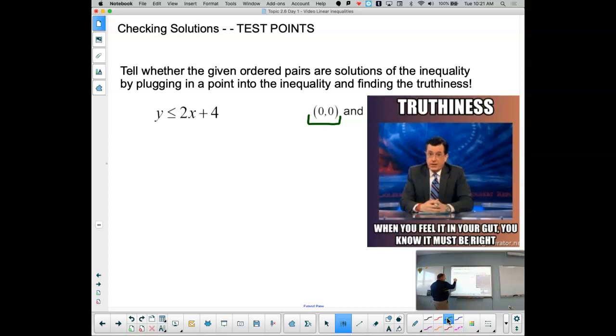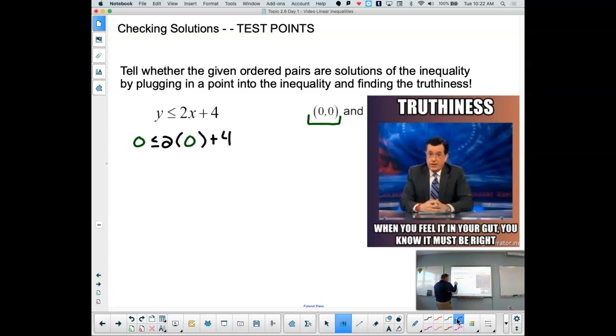So I'm going to put in 0 for y. And here, 0 for x. And then I just simply do that math. 2 times 0 is 0. 0 plus 4 is 4.